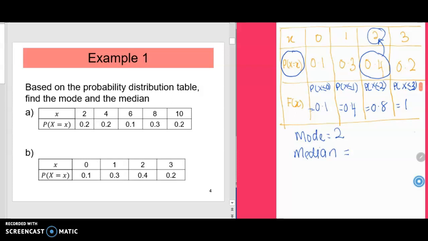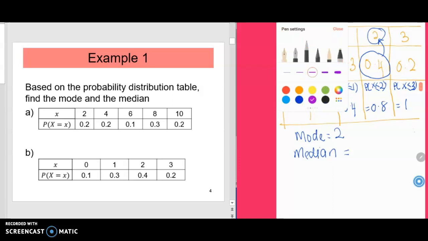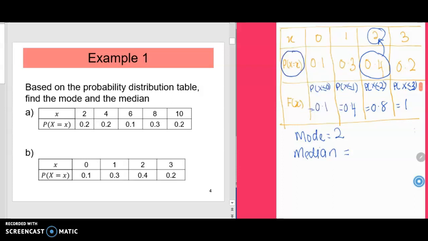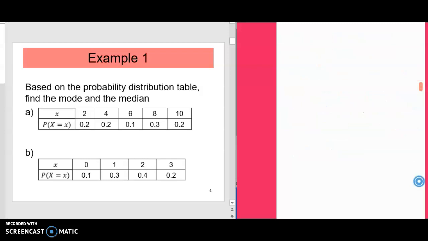So the location is here. More than or equal to 0.5, right? So median is 2. That's all. So untuk contoh-contoh lain, kamu boleh refer dalam modul, ada beberapa contoh di dalam modul. Di sini teacher just nak terangkan the basic concept.